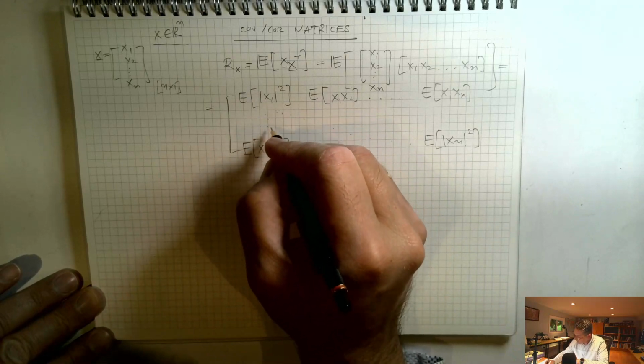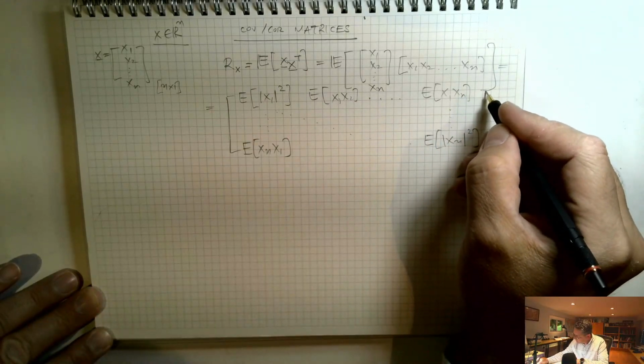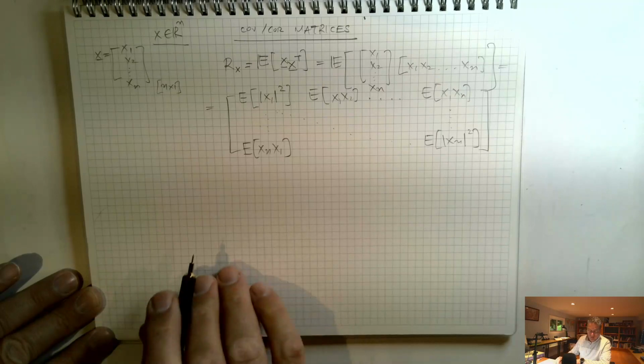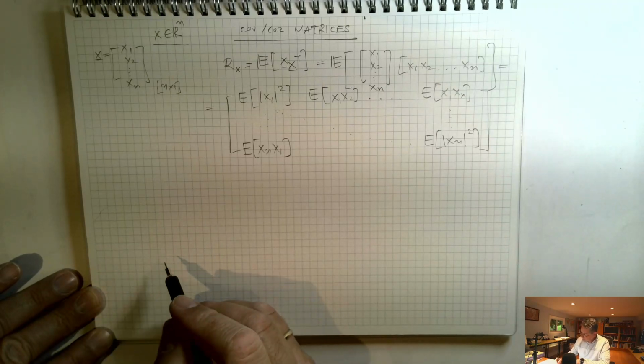So all of this can be filled in, but I hope you got the idea that this is basically a correlation matrix.